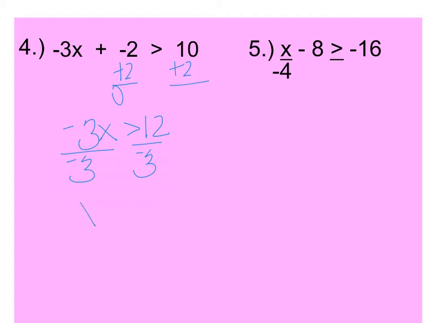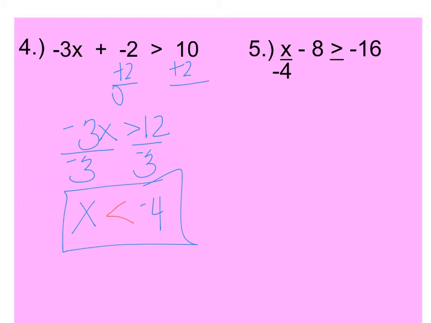We say x is not greater than anymore, but x is less than -4. Again, the reason we flipped our sign was because in order to get x by itself, we are going to divide by a -3. Anytime in that last step we divide by a negative number, we're going to flip our sign. Let's look at another example, number 5.